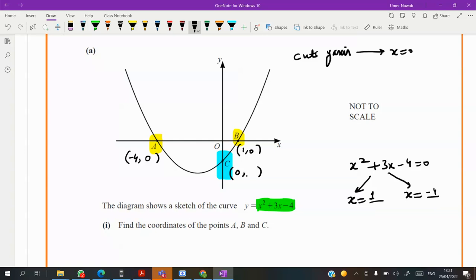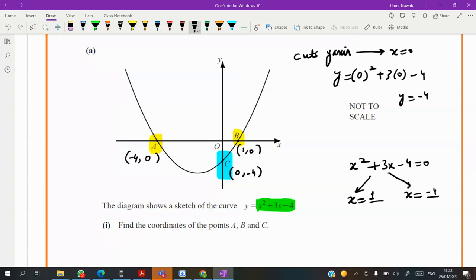So what would be the y coordinate? Substitute x equals 0 into the original equation of the curve: 0 squared plus 3 times 0 minus 4. So it gives you negative 4.